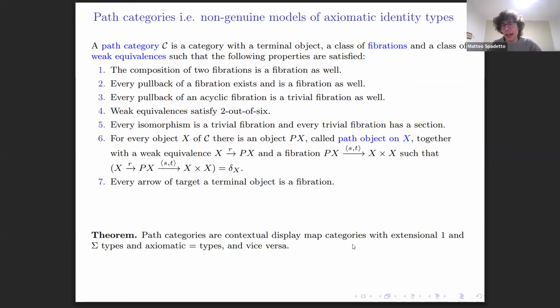And they still have some extensionality principles. They have extensional unit types and extensional dependent sum types. This basically depends on point 1 for sigmas, for extensional sigmas, and point 5 for extensional units.